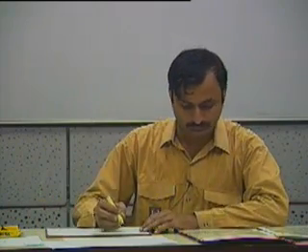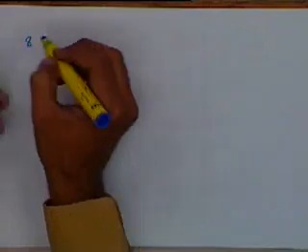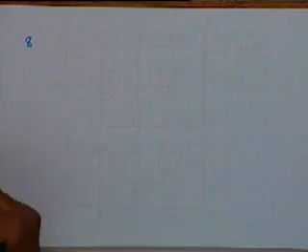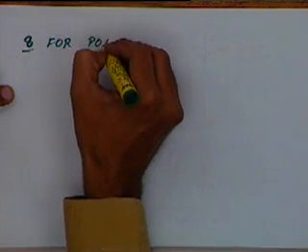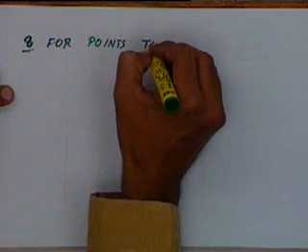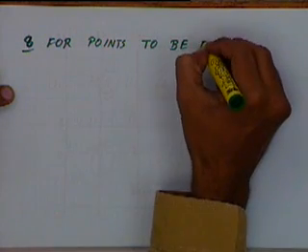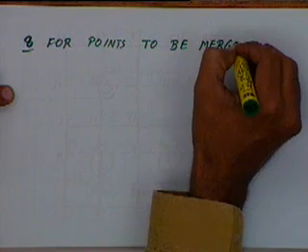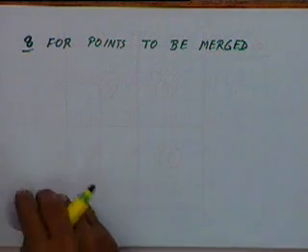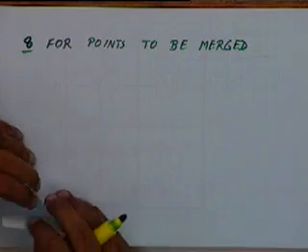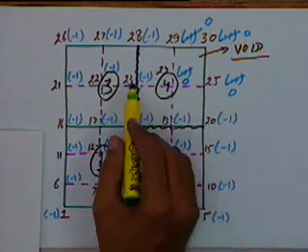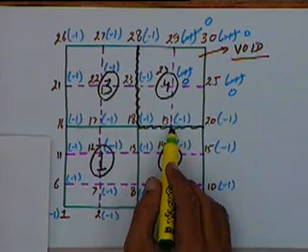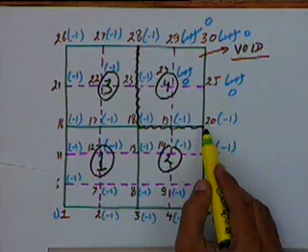Then the next step is for points to be merged. In this example, node 28 is to be merged with node 20, node 23 is to be merged with 19, and 18 is of course common to the 2 edges.